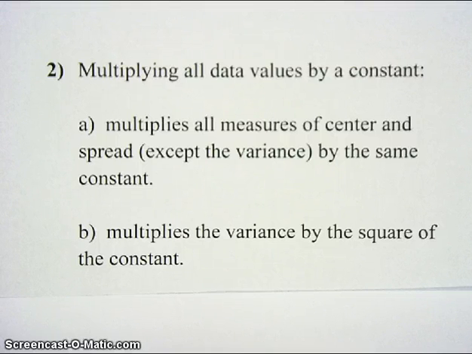When you multiply the data by a constant, the variance is going to get multiplied by the square of the constant. That's something you might have learned about in your geometry class, where you have similar figures, and if the scale of linear measures is, say, 2 to 1, then the scale of area measures would be 4 to 1. So we'll look at a picture of that and see how that looks.